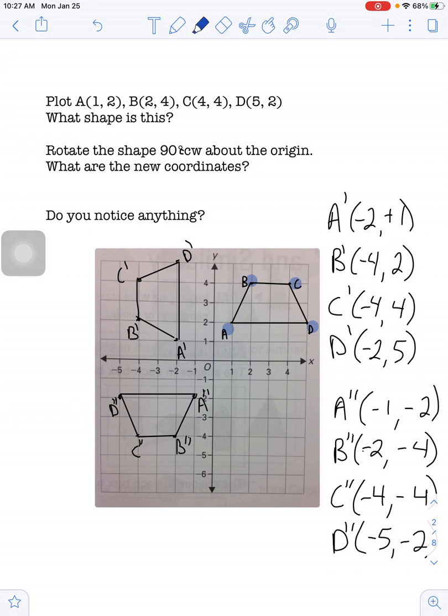So again, the numbers got switched, but this time, because it's a 90 degrees counterclockwise rotation, the x value ends up being the opposite integer, and the y value stays the same integer. We've just flipped them. B goes from 2, 4 to negative 4, 2. C goes from 4, 4 to negative 4, 4. And D goes from 5, 2 to negative 2, 5. That is a rotation of 90 degrees counterclockwise.